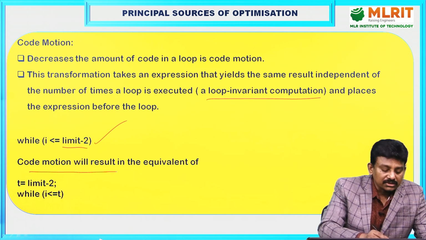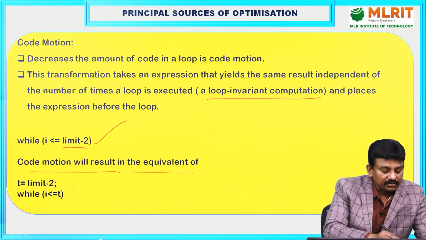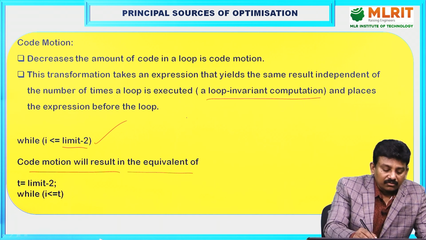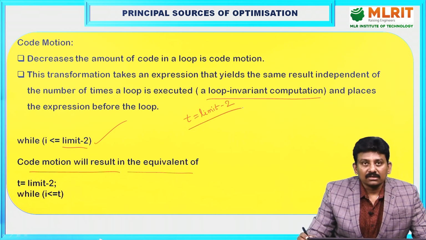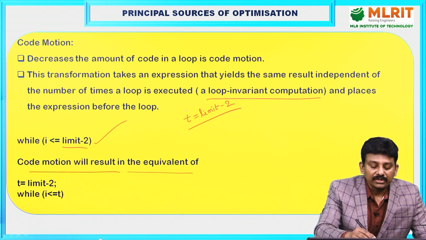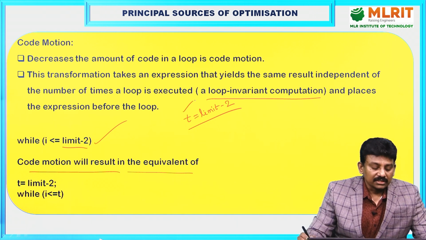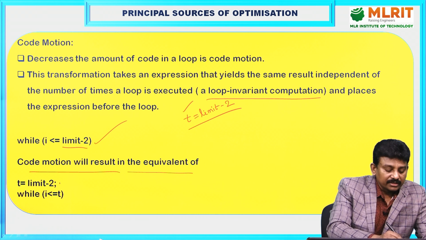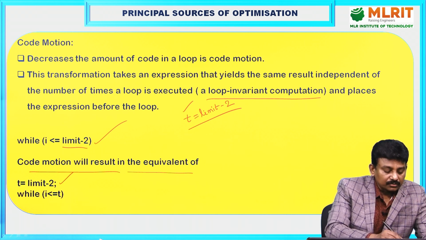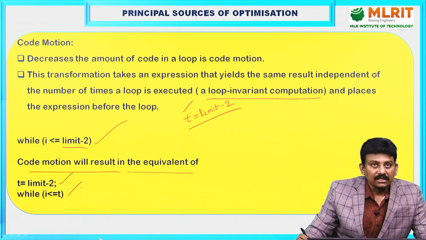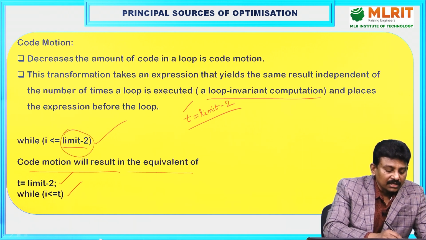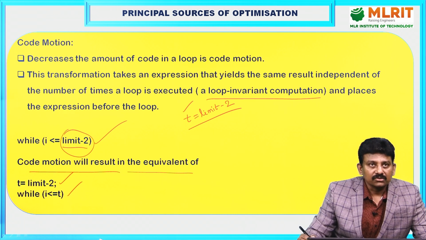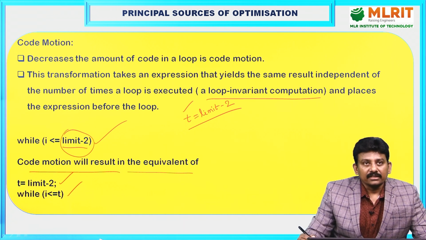Code motion will result in the equivalent form: we store the result of limit minus 2 in a variable t, so t is equal to limit minus 2, a statement outside the loop. Now in the loop, while i is less than or equal to t. So instead of using limit minus 2 in the loop, we directly use the temporary variable t, so that it will take less execution time.